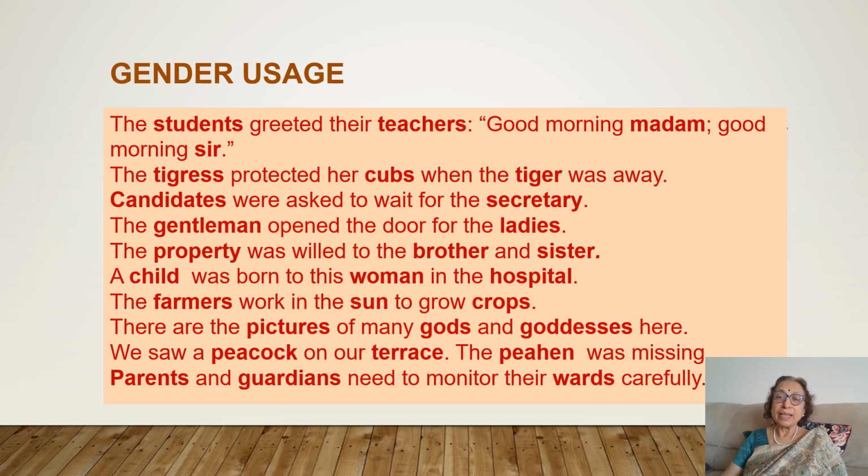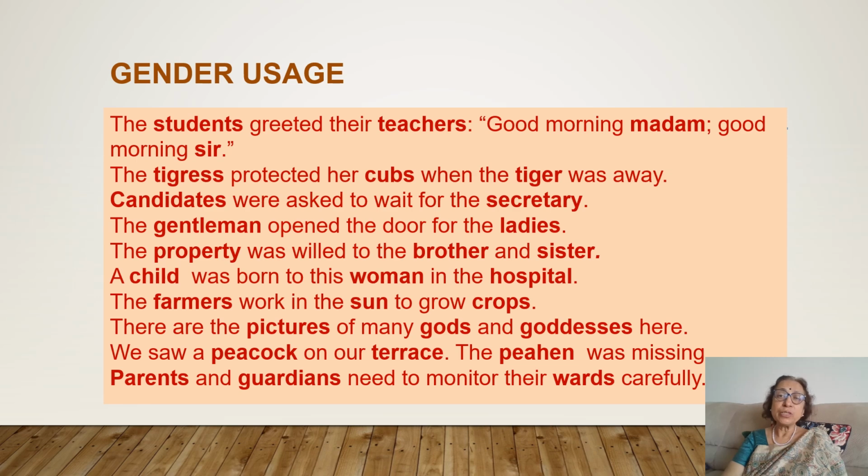Peacock, peahen, you can see now that they are the masculine, feminine of a bird, the bird which has a huge, beautiful tail. Parents and guardians need to monitor their wards carefully. All three nouns, parents, guardians, wards, are common. No masculine, feminine, or neuter here. That is the example, sentence forms, example usage of gender.